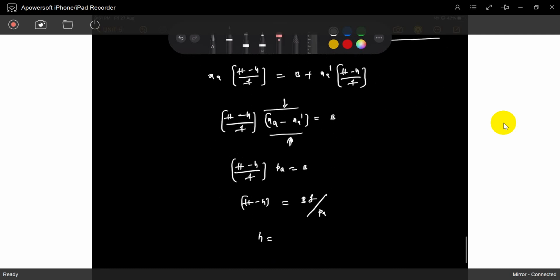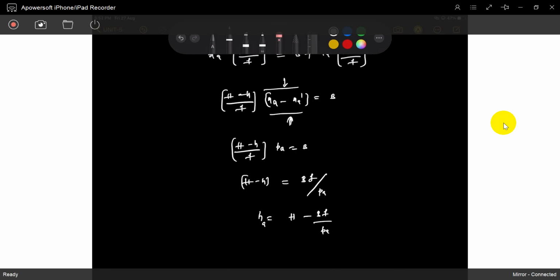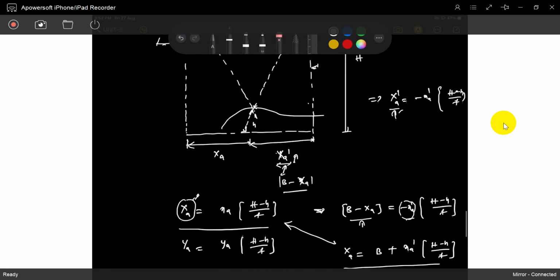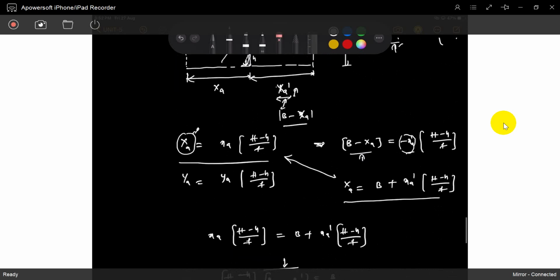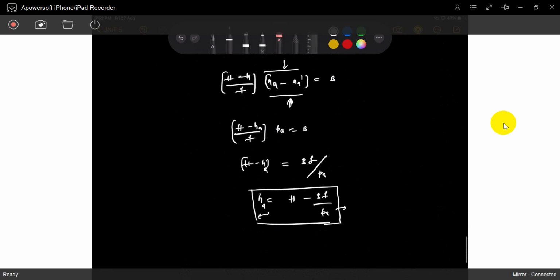So what is h? H minus bf by pa. That's it. This is a point, na? You can write down the point height h. This h you can find out based on the parallax error. But this is the real one, sir.